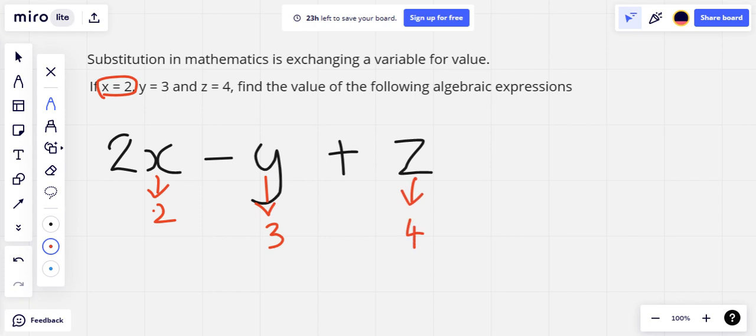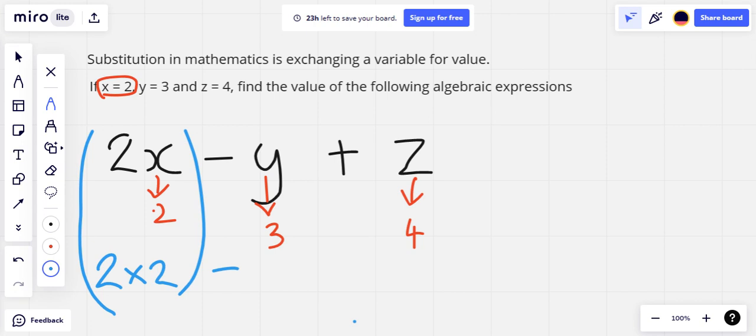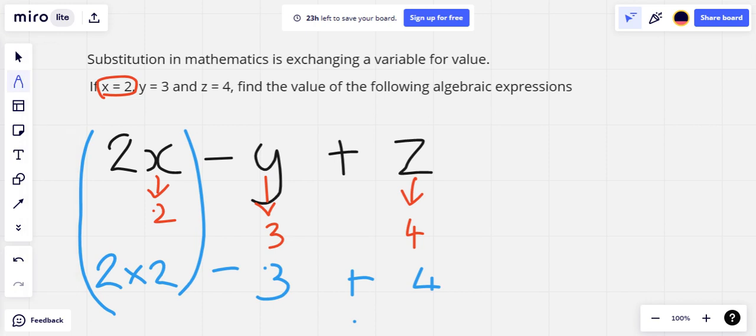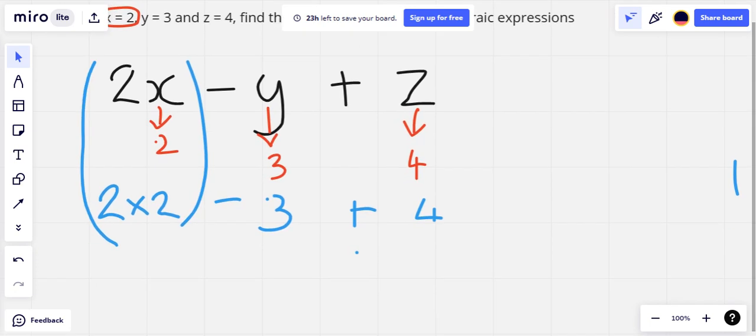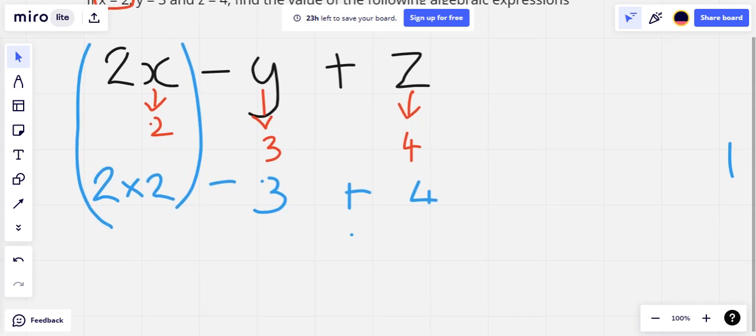All right, so let me just rewrite it now. I'm going to have 2 multiplied by 2, right? This is it for this part. Take away 3 plus 4. Okay, let me just erase that a bit, and let's begin.